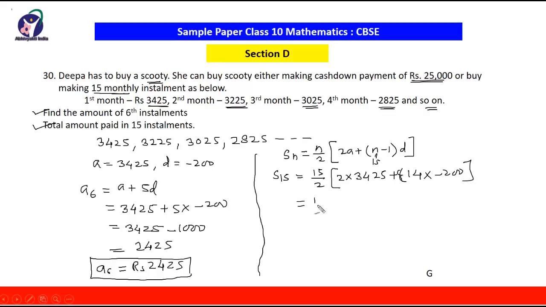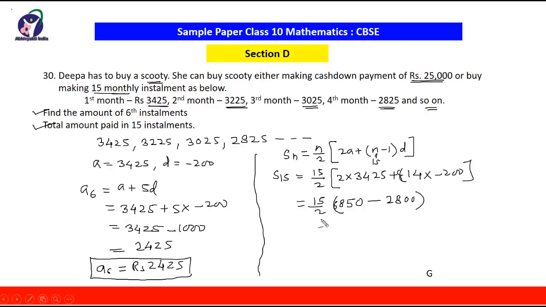Which is equal to 15 by 2 into bracket, if you multiply this by 2 you will get 6850, minus 14 times 200, that is 2800.